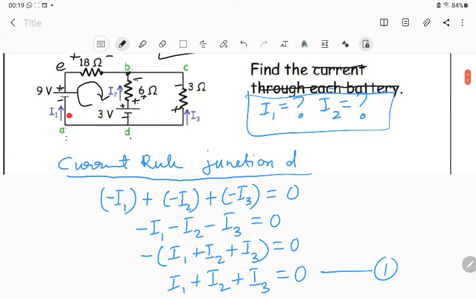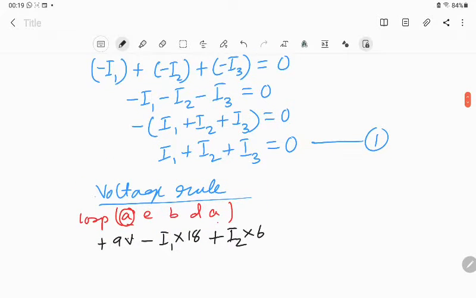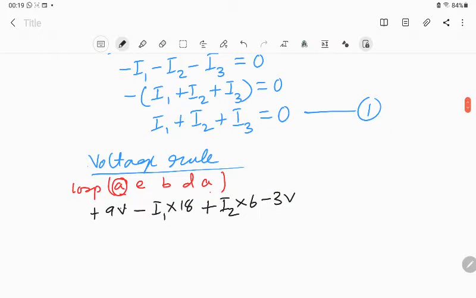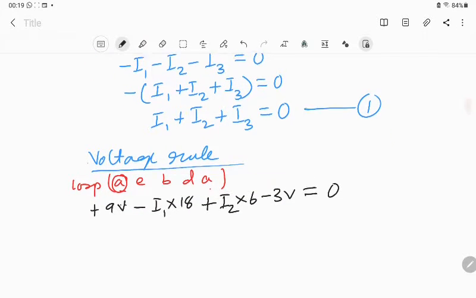Next I reach the battery, from plus to minus, so the ending is minus, minus 3 volt. Now I reach the junction D and then A, so there is nothing to write. So this will be equal to 0.